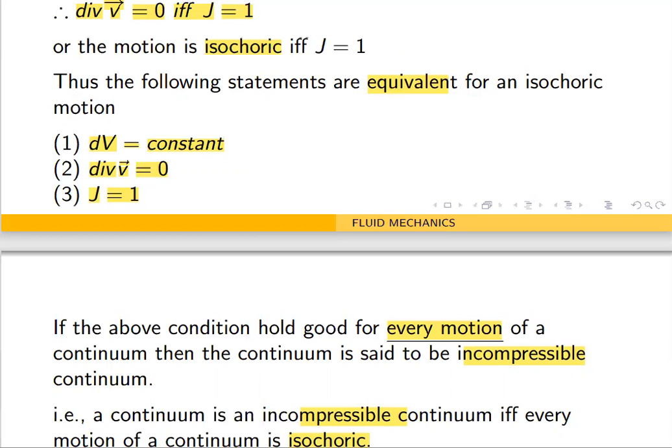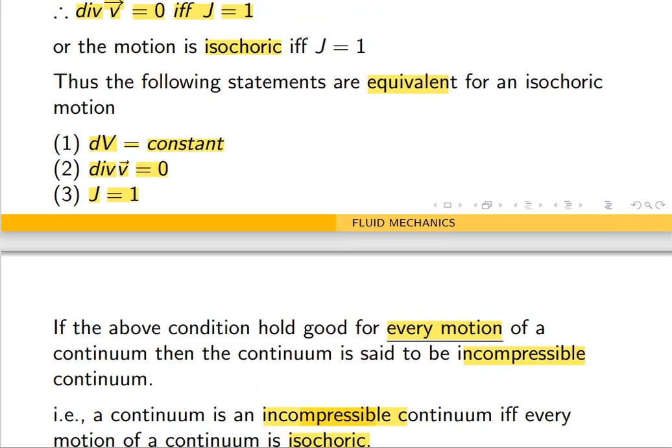And incompressible means liquids. For liquid, volume is preserved, volume is constant.